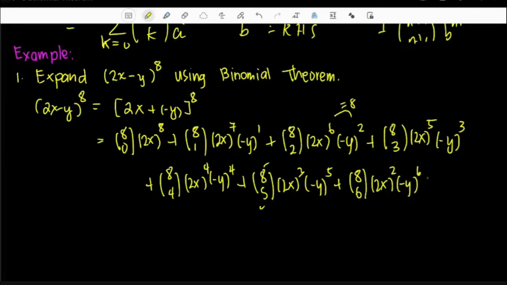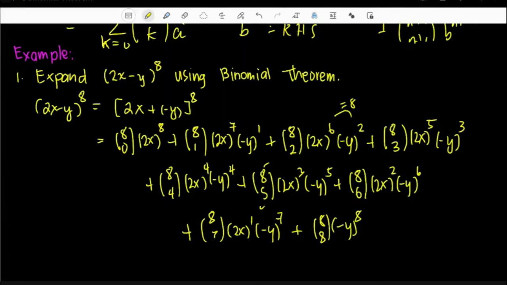So, 6. Plus, yung sunod, 8 taken 7. So, 8 minus 7, (2x)^1. Tapos yung (-y)^7. Plus, 8 taken 8. So, 0 na yung 2x. So, negative y na lang to the 8.